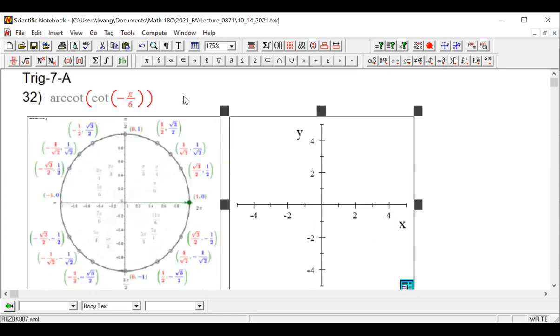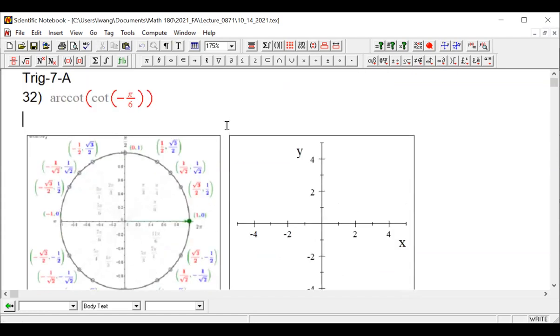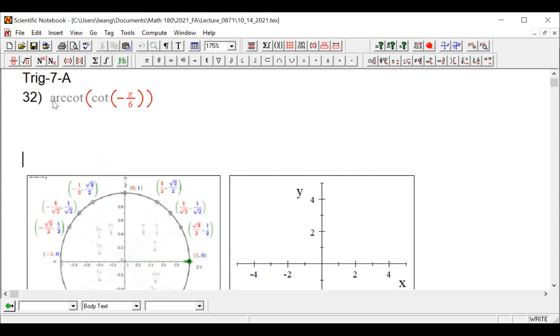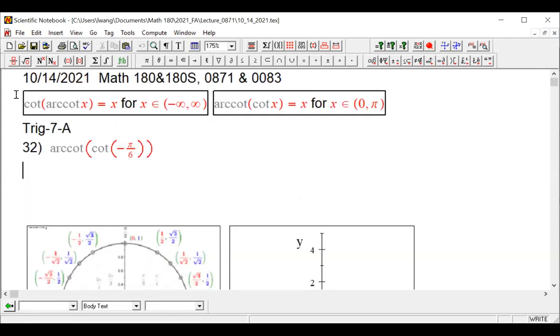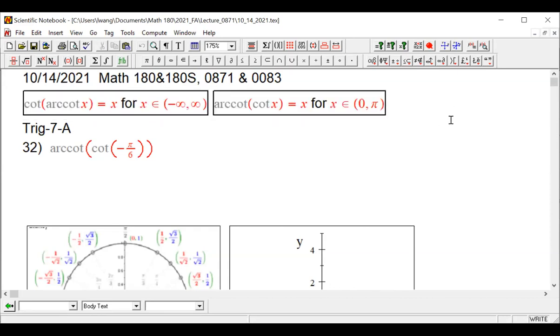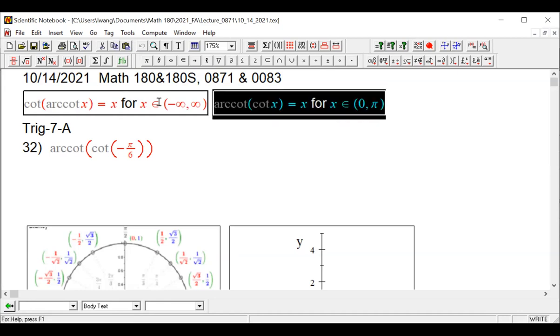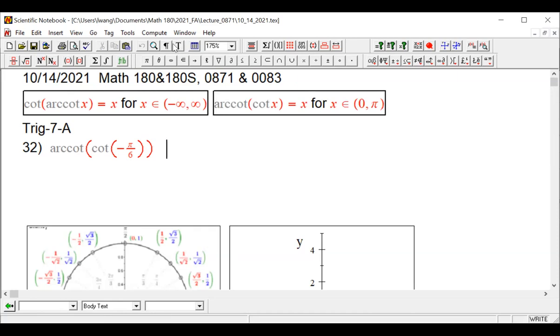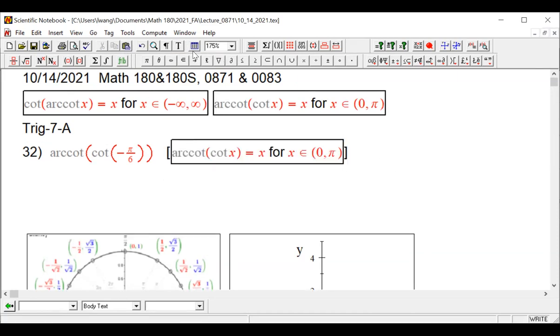All right. So arc cotangent of cotangent negative pi over 6. Does any one of these two properties apply? This one cannot apply. Does this one apply?